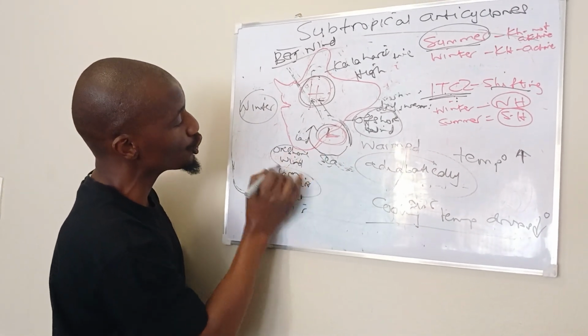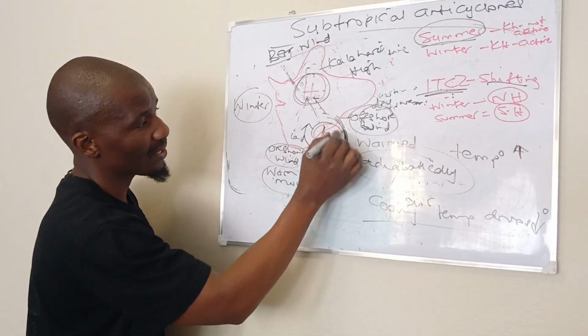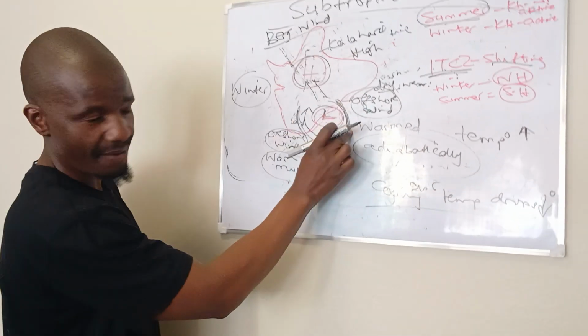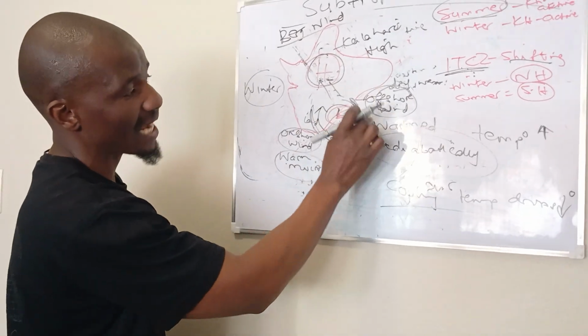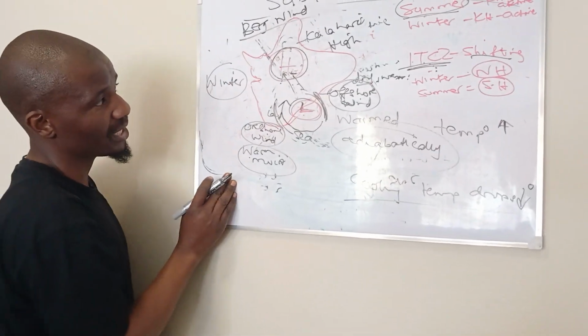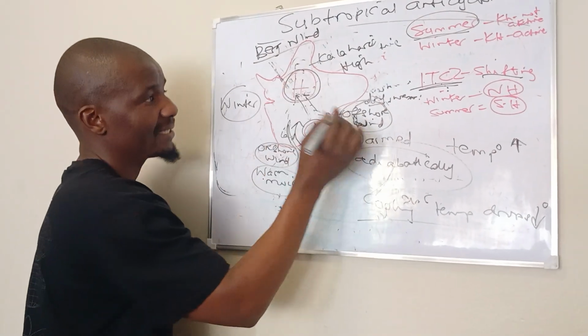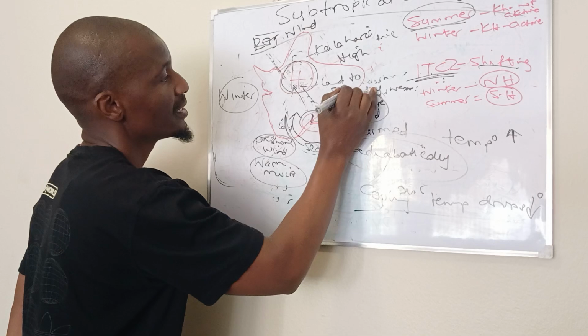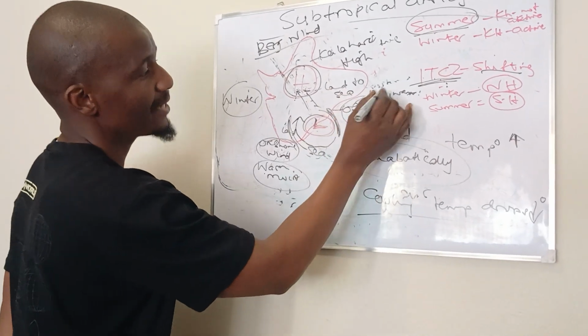That's an onshore wind. So if you look at the weather conditions here and there, they're not the same. Why? Because of the type of air mass blowing in both these areas. This is from land to sea, and is dry and warm.